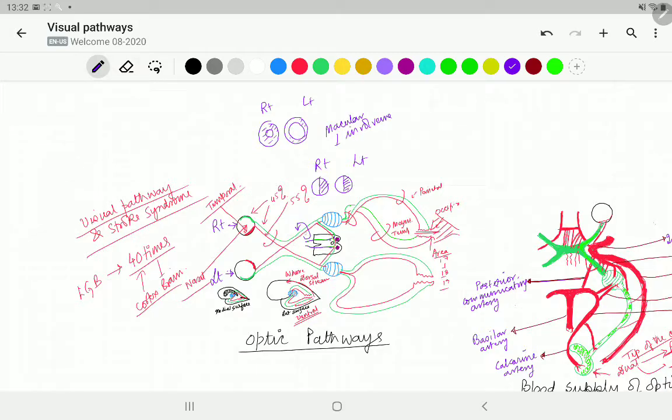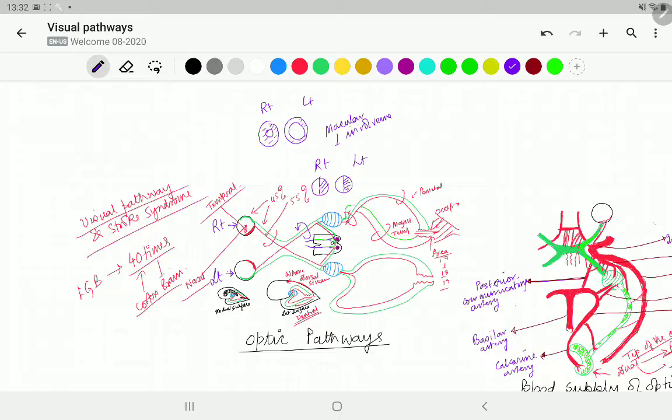The right optic tract has got information from the right temporal part of the retina and the left nasal part of the retina. Because the nasal part carries more information, when there is no information going through the optic tract, the light reflex causing constriction of the pupil on the left side will cause less constriction compared to the right.